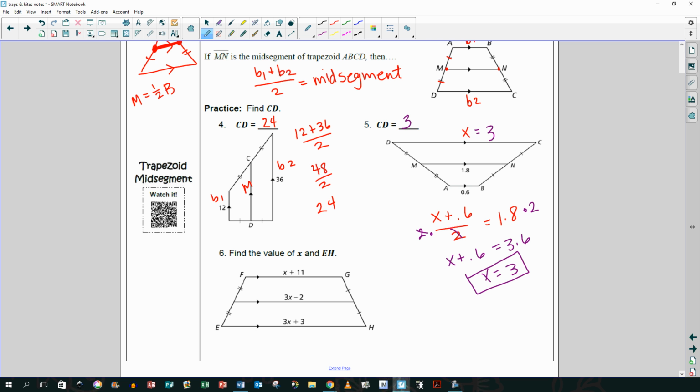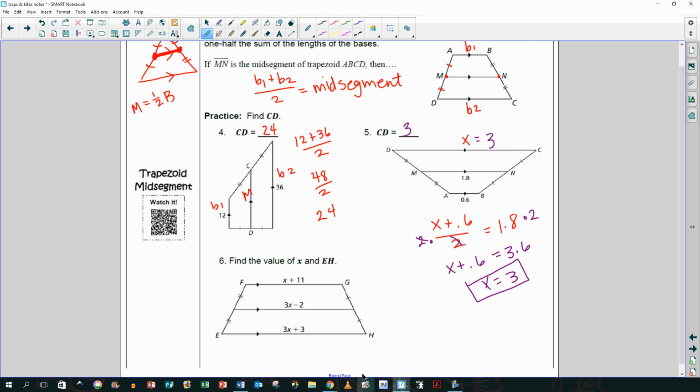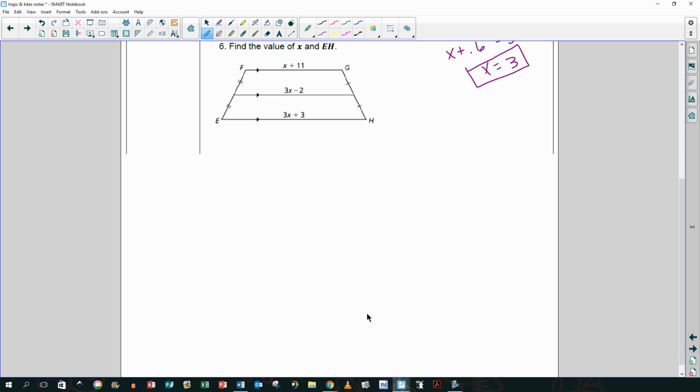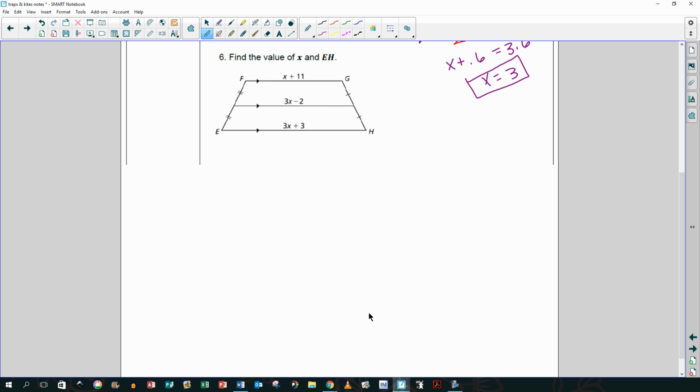Same exact concept. The concept doesn't change just because it looks different. And that also applies to number 6. Okay, what if I give you all this information, there's no numbers, there's numbers, letters, expressions.